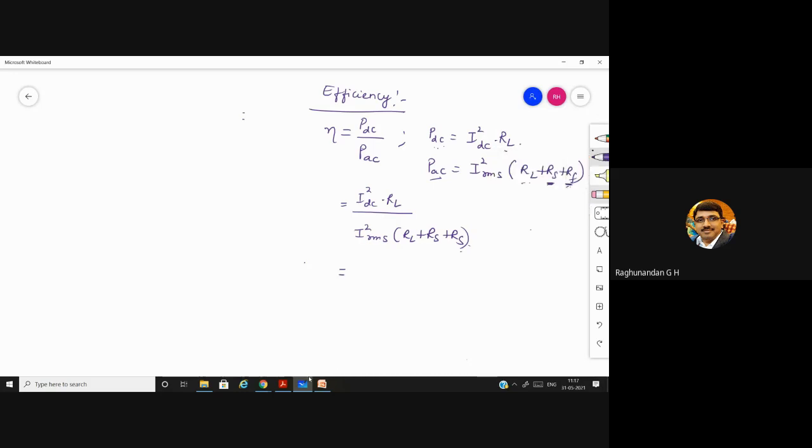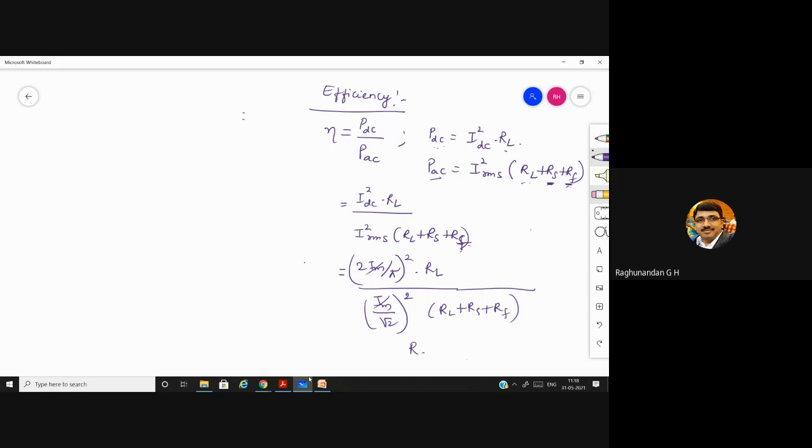Now substituting for IDC, we know that it is 2Im by pi whole square into RL, divided by Im by root 2 whole square into RL plus RS plus RF. So now Im will get cancelled.